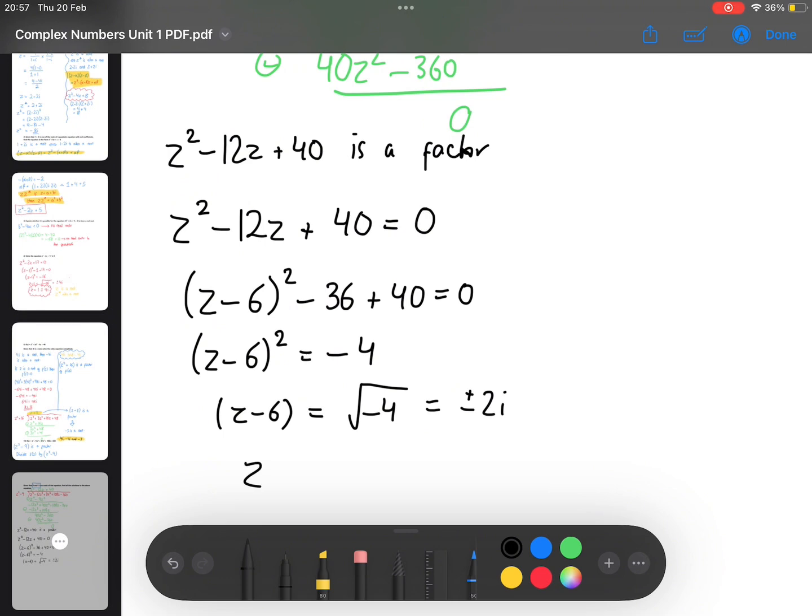And so z is going to be 6 plus or minus 2i. So these are the other roots of the equation, along with the original roots of 3 and minus 3.